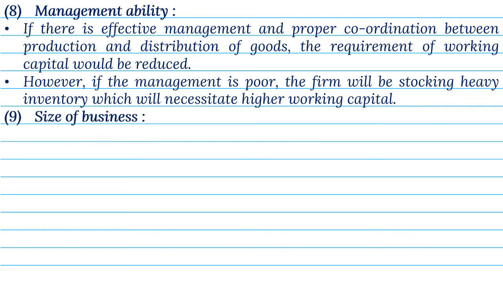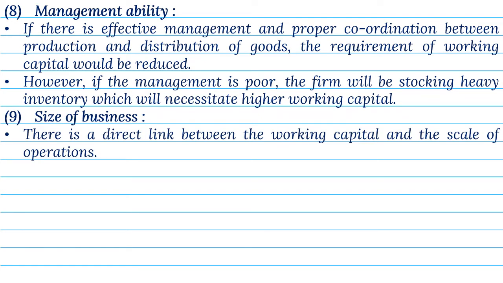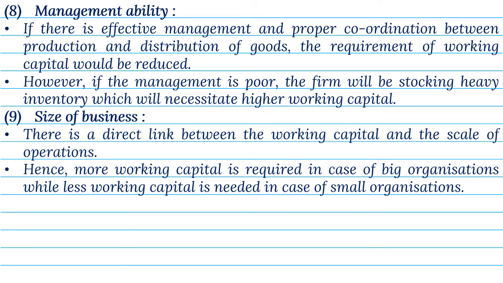Size of business. There is a direct link between the working capital and the scale of operations. Hence, more working capital is required in case of big organizations, while less working capital is needed in case of small organizations. 10. Growth and expansion.